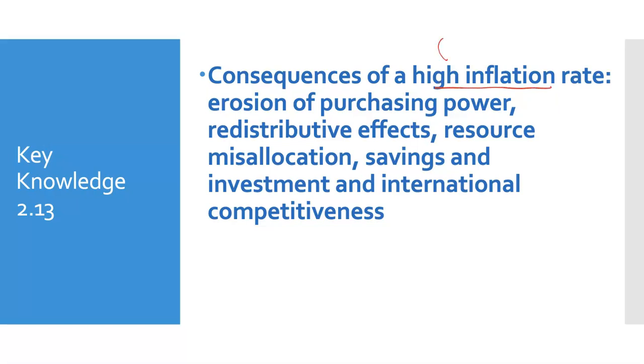Particularly important now because we know we actually do have one at the moment. We know our annualized inflation up to December 2021 is 3.5%. Economists are expecting it to be higher for our March 2022 quarter. So we are expecting a high inflation rate, and there are some consequences of that.